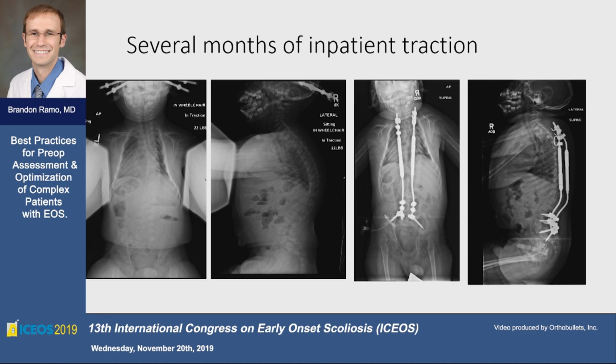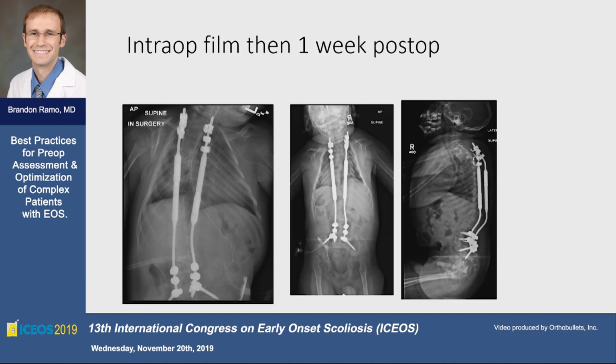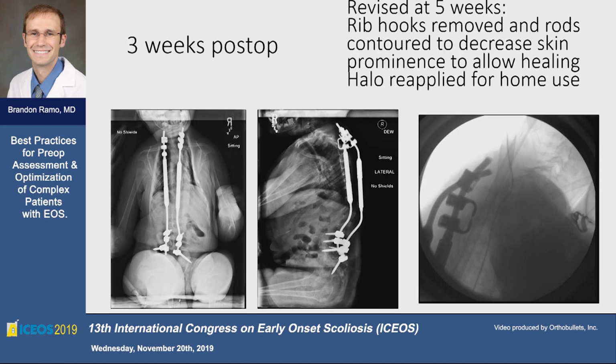The family wanted treatment and opted for treatment because they felt like he was getting worse as the years went by. So he had several months of inpatient traction, and growing rods were placed. Obviously he has lots of risk factors, and I didn't calculate his RSS, but I bet it's very high. Very quickly fixation was lost, and he returned to the OR for the halo to be reapplied and for the implants to be trimmed down.